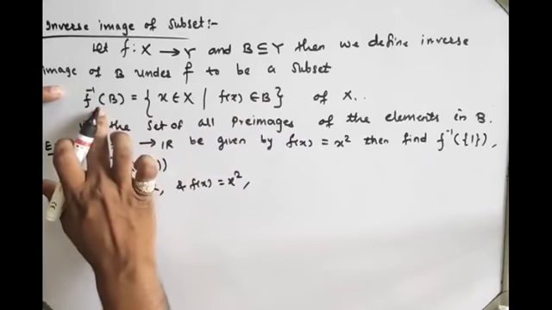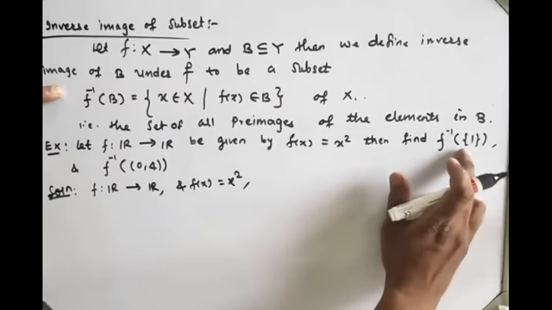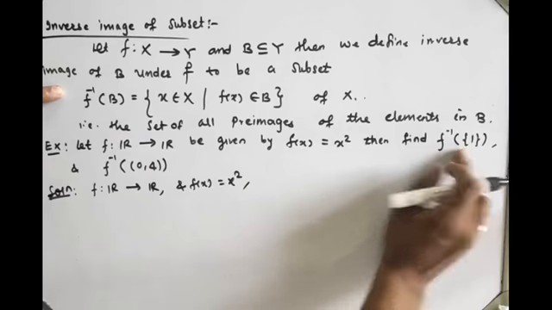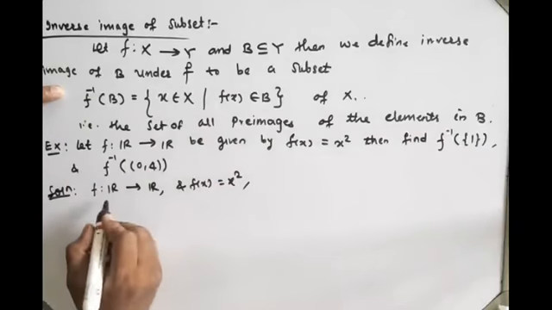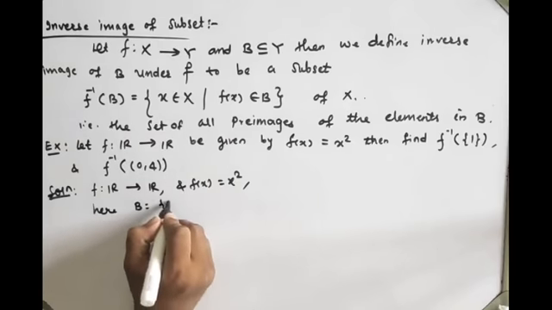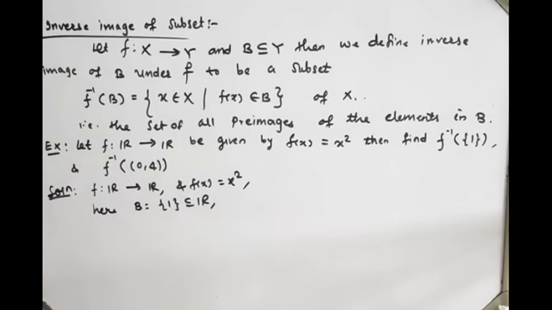So I will write it as the definition. Here set B is singleton 1. So B is a subset of real numbers. Here B is equal to singleton 1, right? And which is a subset of real numbers. Then what is the definition?